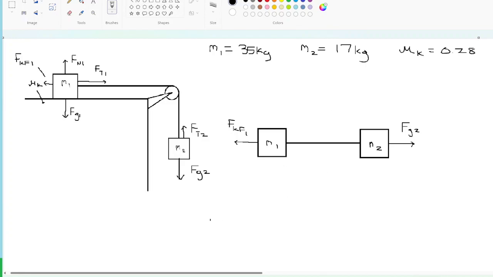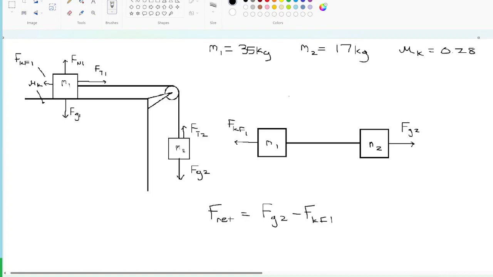So the net force is going to be equal to Fg2 minus Fk1. If you're wondering how I knew that the force of kinetic friction would be less, well, kinetic friction is an opposing force.